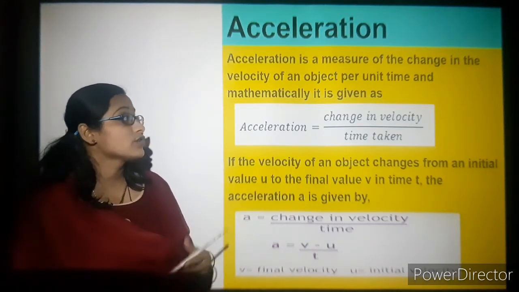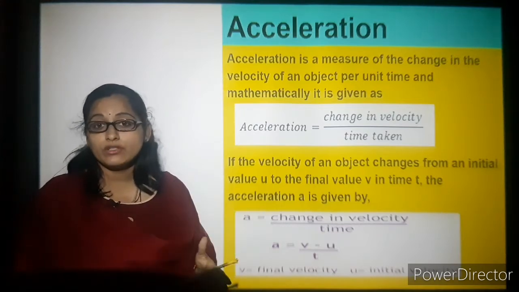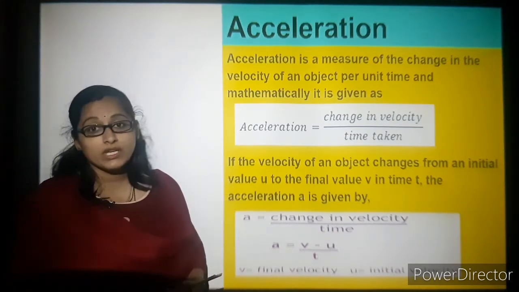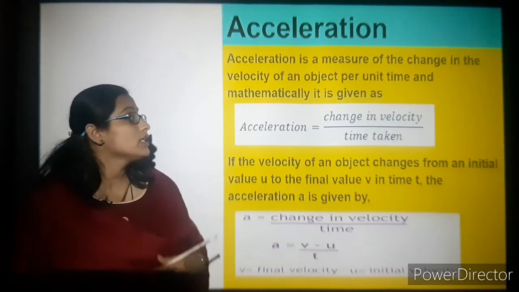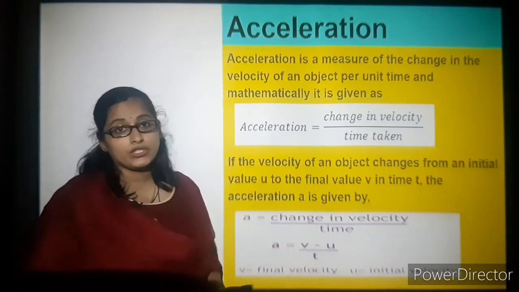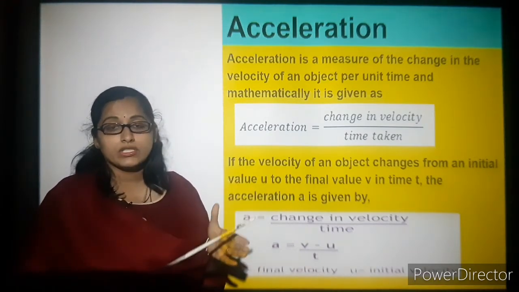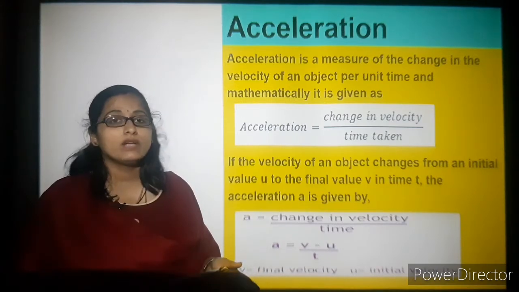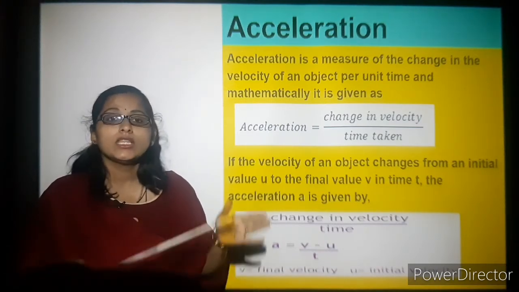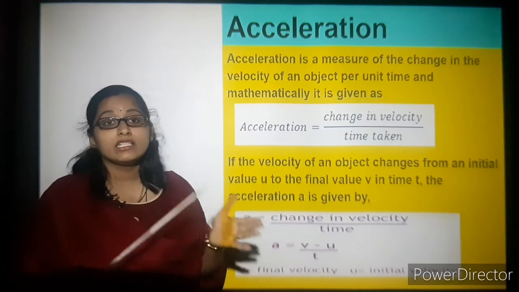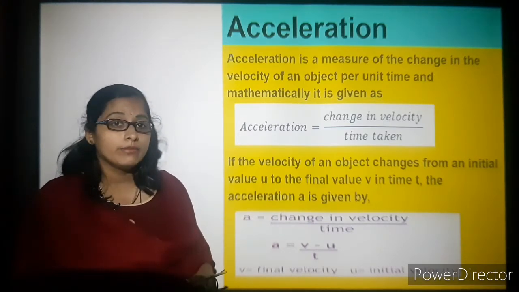What is acceleration? It is the measurement of change in velocity of an object with respect to unit time, that is, change in velocity with respect to the time taken. We already know what velocity is: the distance travelled with respect to the direction in its particular time taken.